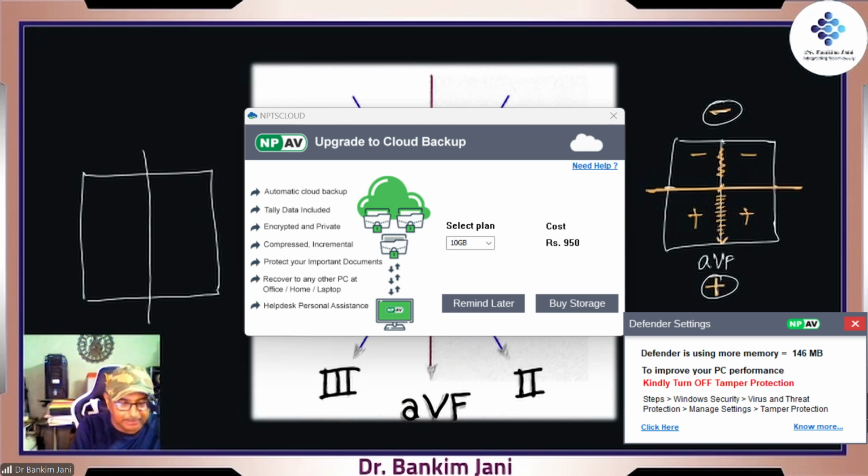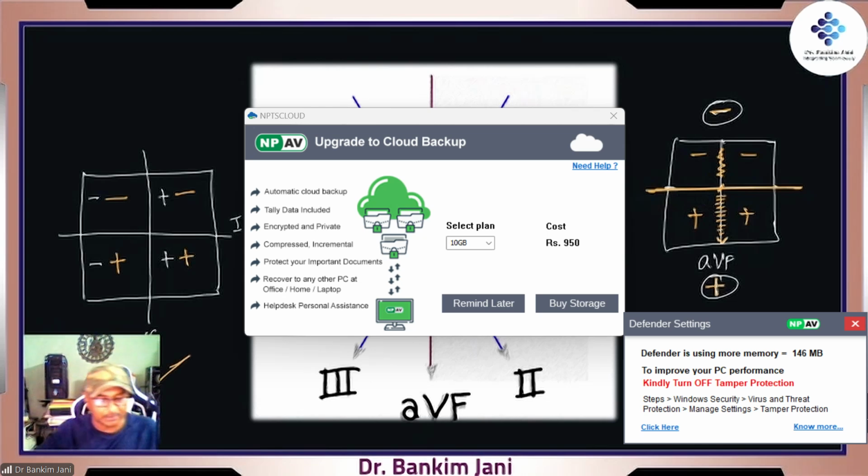We are taking only 2 leads, lead number 1 and lead AVF. Lead number 1 said that this is plus, this one is minus, this one is minus. What AVF is telling, change the color, is that towards me, this is plus, this is plus. Opposite side, this is minus, this is minus. Have you understood how we came to this conclusion?